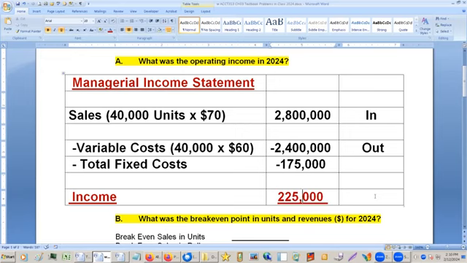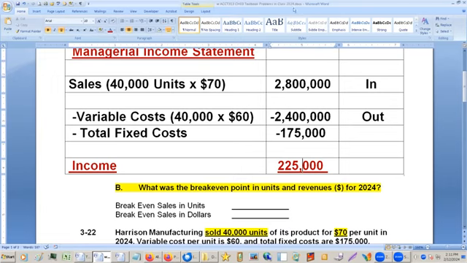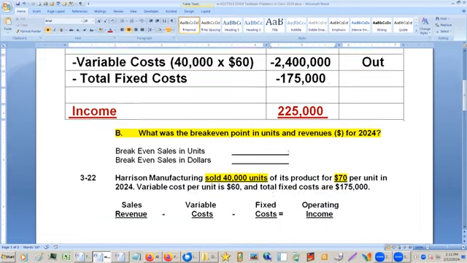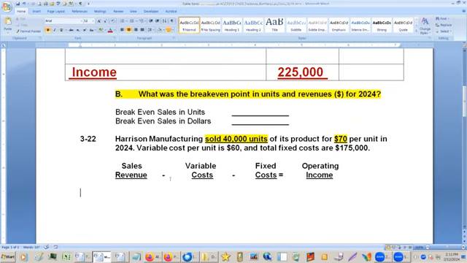No. Now, here's another question. Is our break even point going to be more than 40,000 units or less? Less. Very good. If we're making income at 40,000, then we know that our break even is going to be less. Now we don't know what it is, at least not yet.